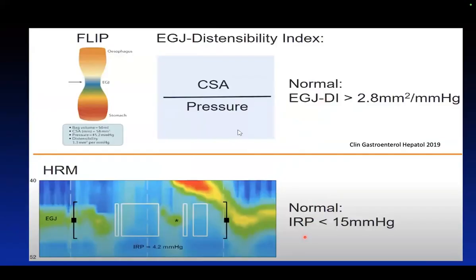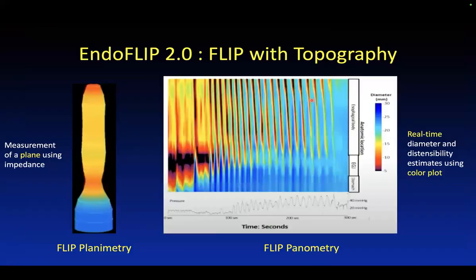In manometry with IRP, you're trying to make an assessment of how well the LES is relaxing. Correct? Similarly, with the EndoFLIP, you're trying to make an assessment of how well the LES has the capacity to relax. In simplified terms, it's just looking at a different angle of that prospect. So this is very important, the EGJ distensibility index. We'll come back to that later, how it is used.